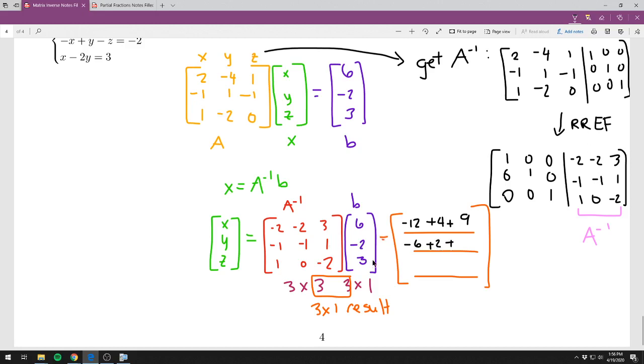Plus 1 times 3 is 3. And then across row 3 down the column, 1 times 6 is 6. Plus 0 times -2 is 0. Plus -2 times 3 is -6. And if you simplify each one of these numbers, the top one we get 1, the middle one we get -1, and the bottom one we get 0.